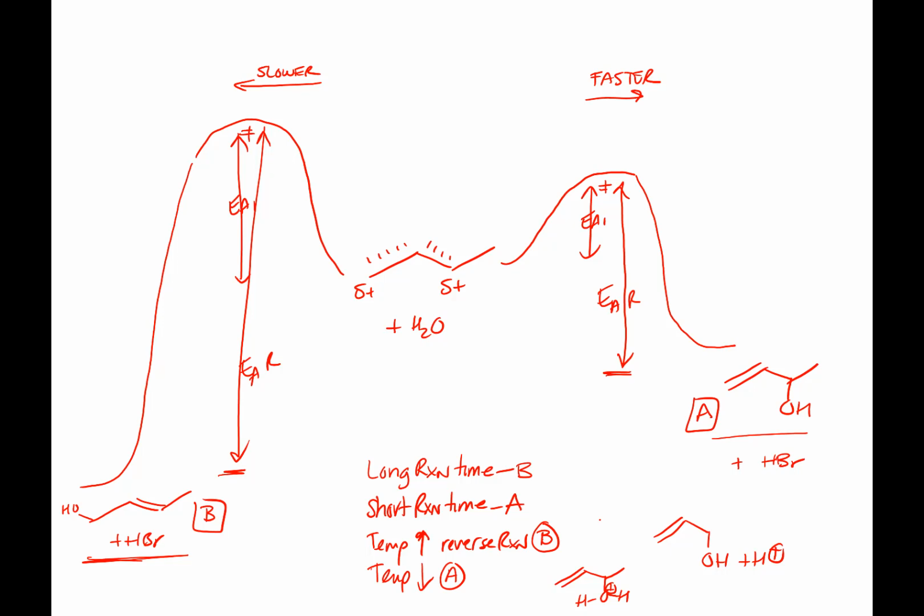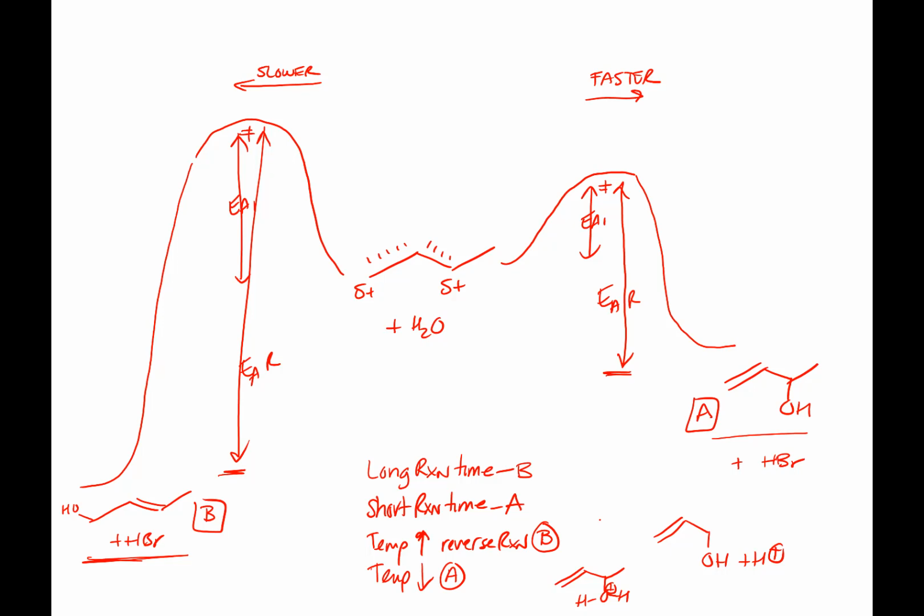Okay, we're going to put two terms to this. We're going to put kinetic and thermodynamic. We're going to call one product the kinetic product and one product the thermodynamic product. So what do you think the kinetic product should be? A or B? A. Why? If it's kinetic, what do you think of?